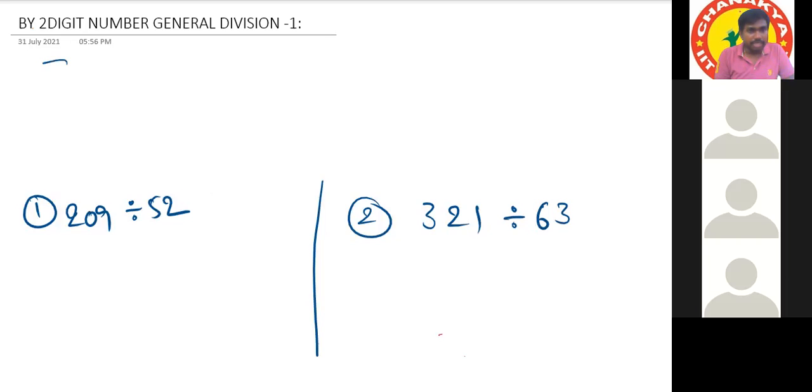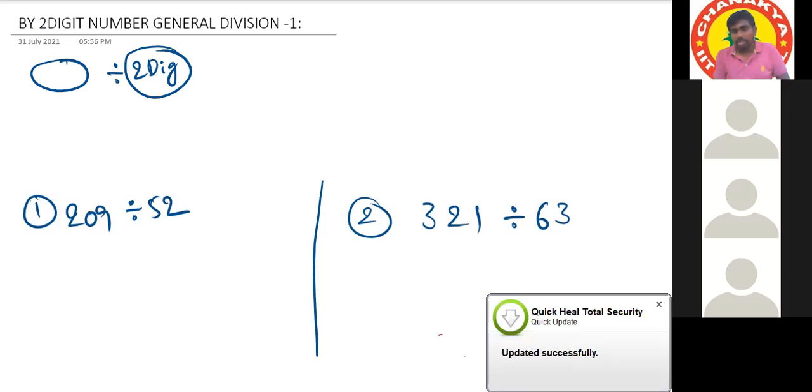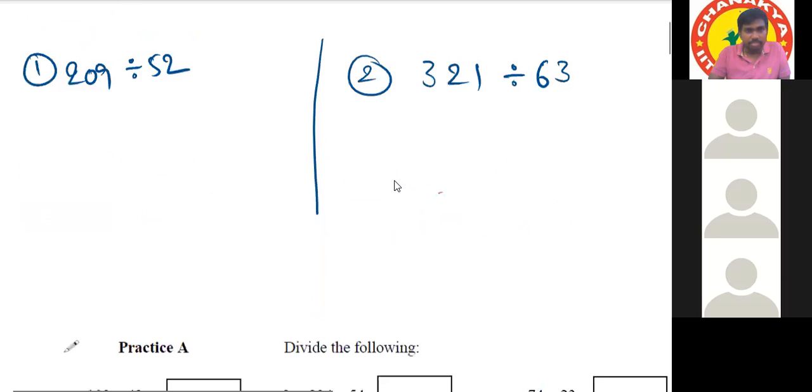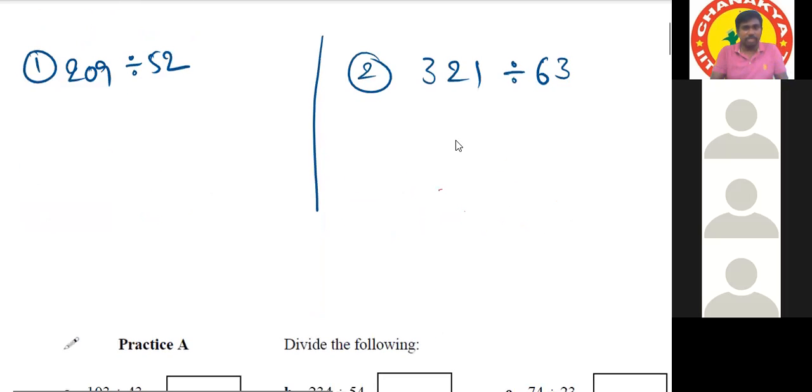Yeah, any number divided by a 2-digit number. We'll see first 2-digit number. Later we'll move on to 3-digit, 4-digit also. We have very less time, and you have to listen carefully this method. If you understand this method, we can do many exercises on this method only.